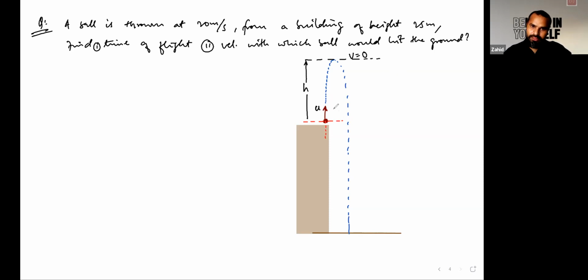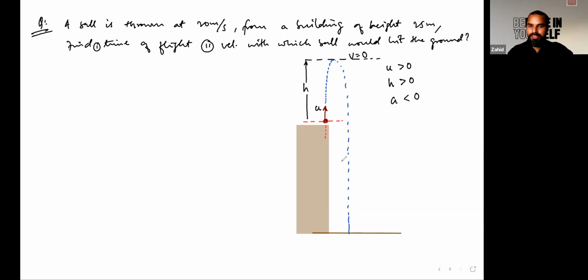We have initial velocity in the upward direction, so u would be positive. Height would be positive. And acceleration, which means gravity, would be negative for this part. Okay. I have just discussed this section only for upward motion from this point to this point. Okay.